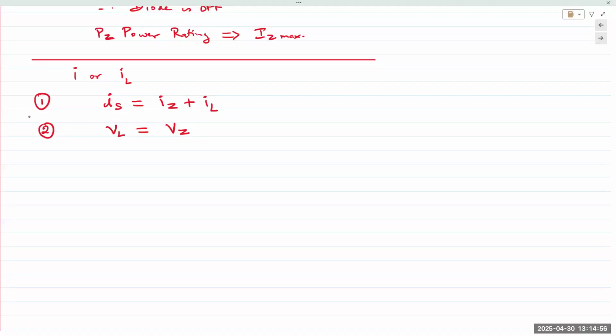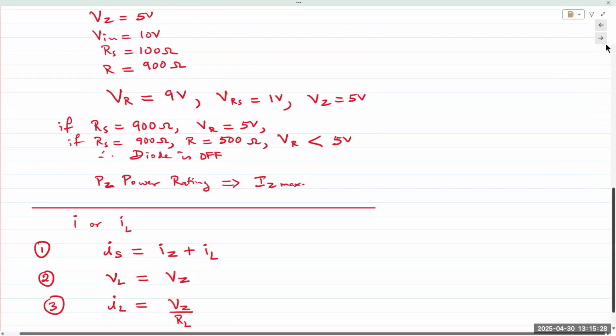All right, and then we can find IL, the load current, as simply VZ over the load resistor RL, Ohm's law. And then finally, we can write an equation for IS. IS is the current that is flowing through RS. The two voltages at the two nodes of the resistor RS are VS and VZ.